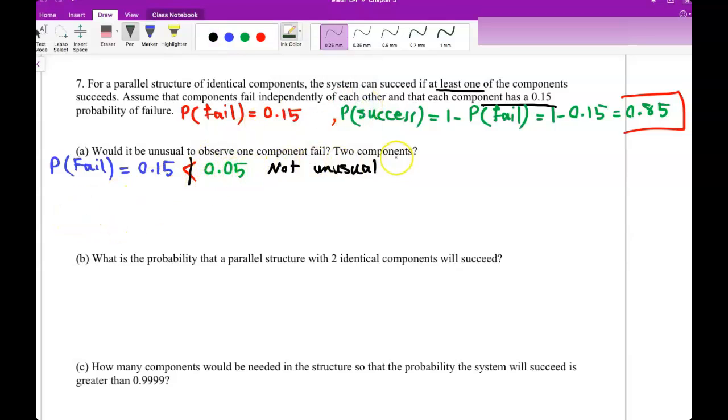Now the next one, trying for 2 components. Probability of fail and fail. So this is the probability of fail multiplied by the probability of fail.